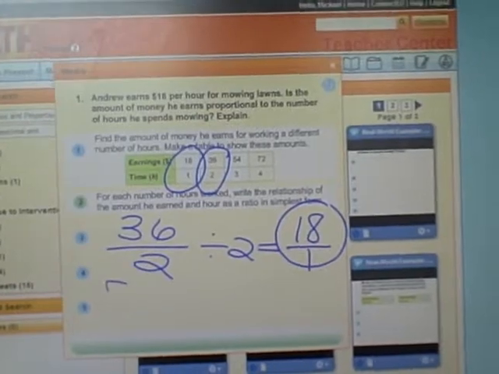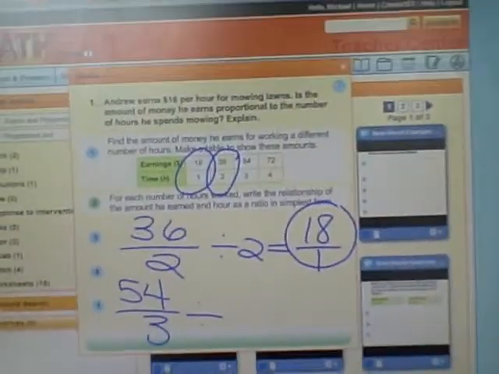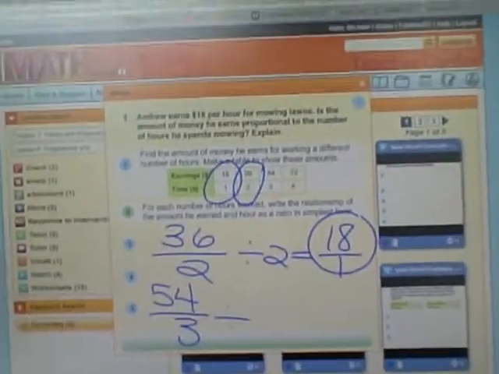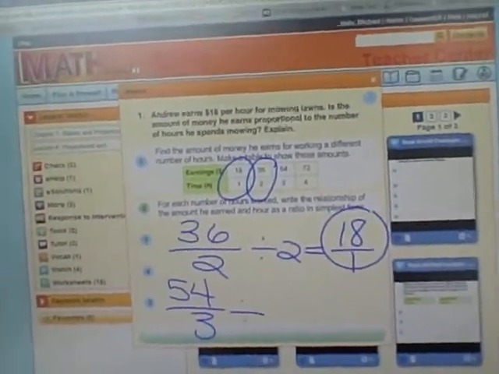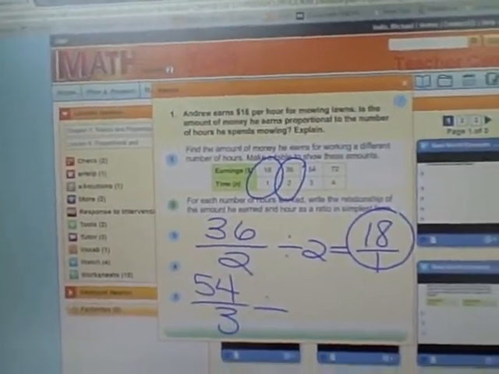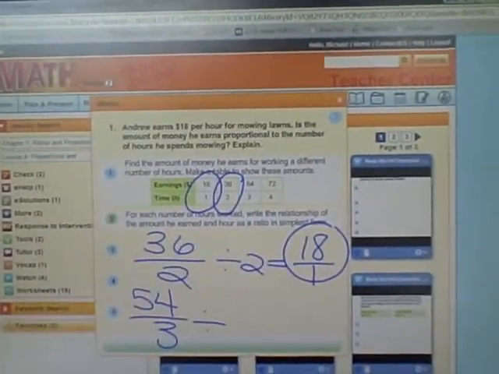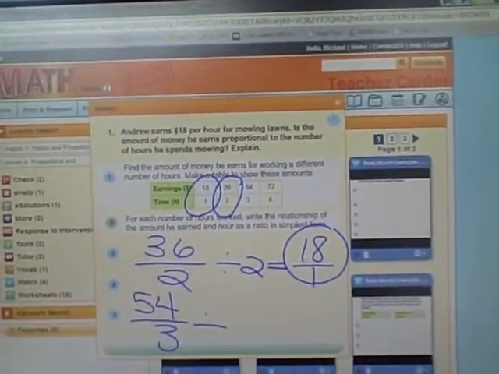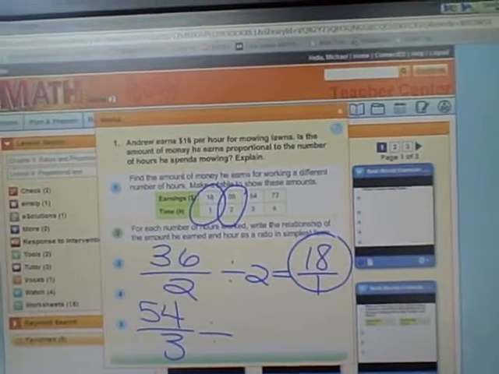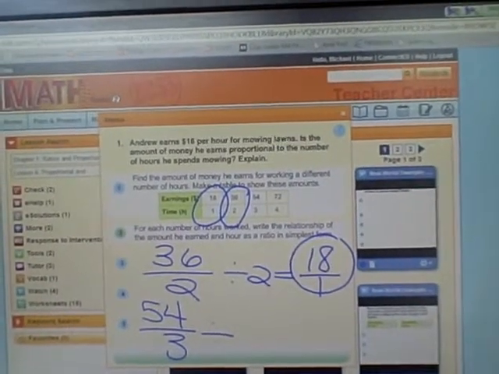54 over 3. How do I change that to a unit rate? Ben. Whatever you do up here, you have to do on the bottom.